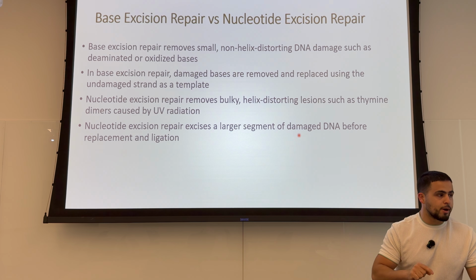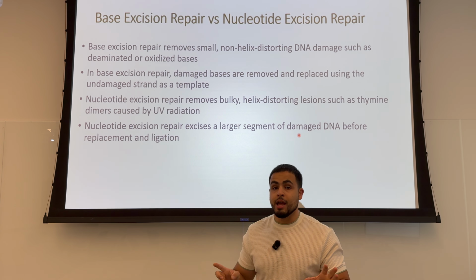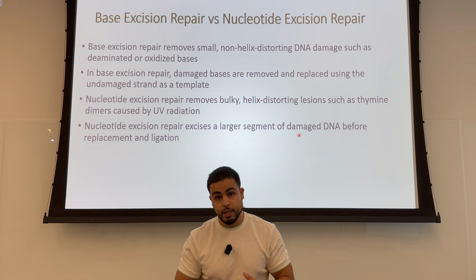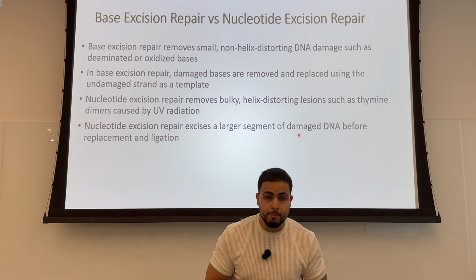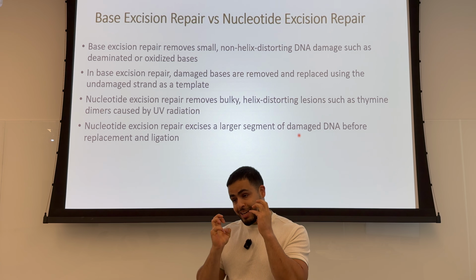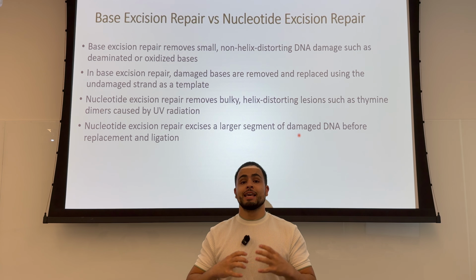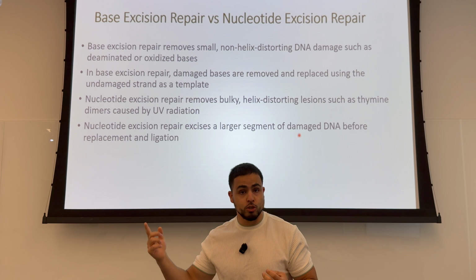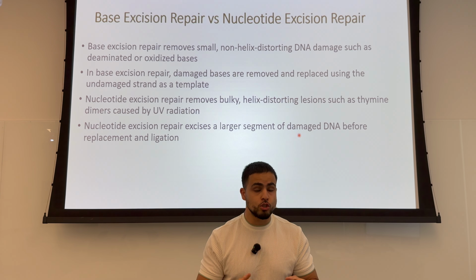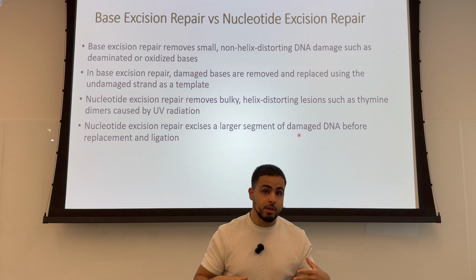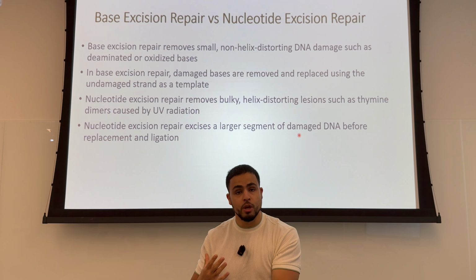All right, now let's talk about the second bucket, which is the bucket where there's external damage that occurs to the DNA. So for example, the nitrogenous bases themselves can be oxidized because of environmental factors. They can be deaminated. So for example, cytosine can be deaminated and it'll convert to uracil.